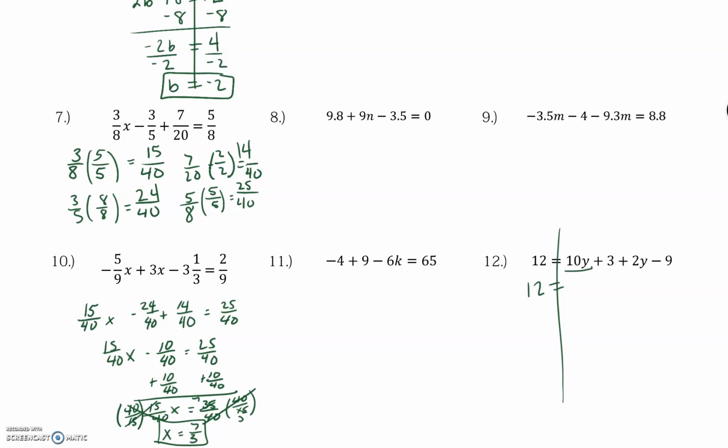I have a 10y, 2y, and then a constant of 3 and a constant of -9. So what would 10y plus 2y be? 12y. What's 3 plus a -9? -6.